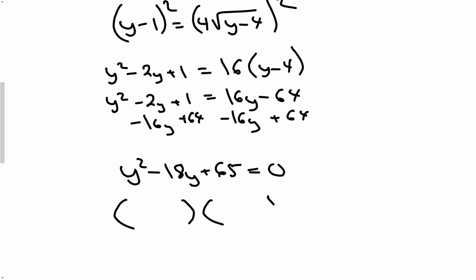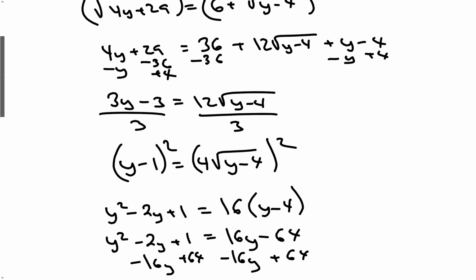This does factor into two numbers that multiply together to 65 and add up to 18, and that is 5 and 13. So y is equal to 5, and y is equal to 13.